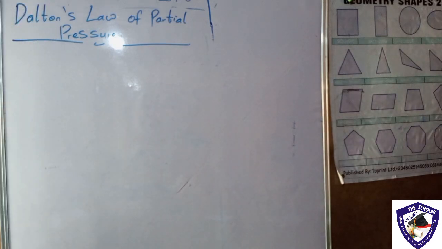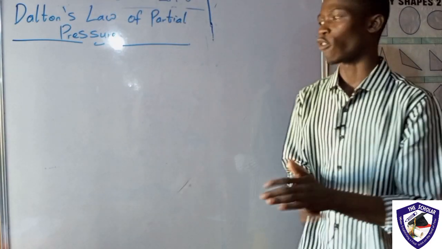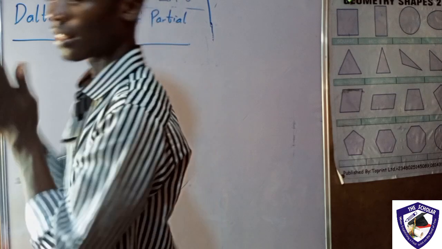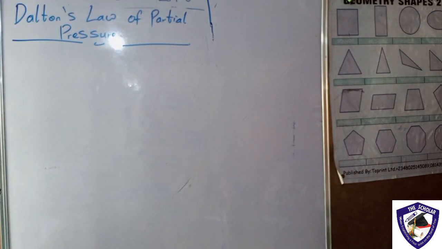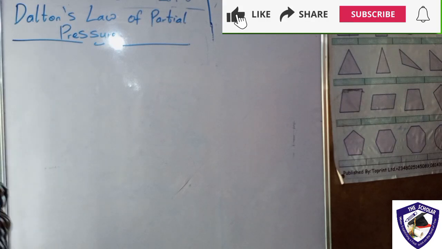Dalton's law of partial pressure states that the pressure exerted by a mixture of gases is equal to the sum of their partial pressures, provided that the gases do not react at that temperature.